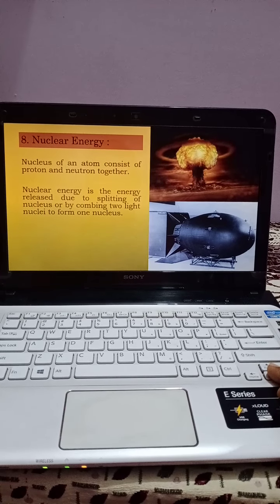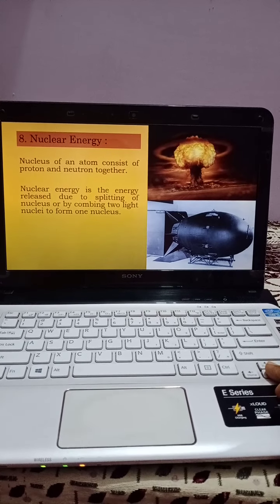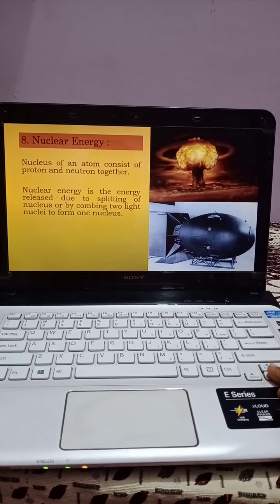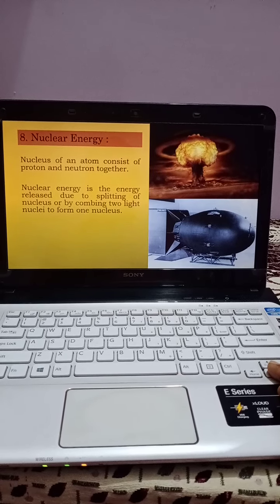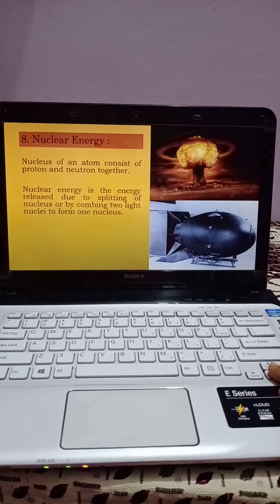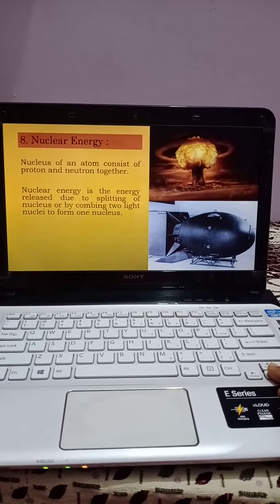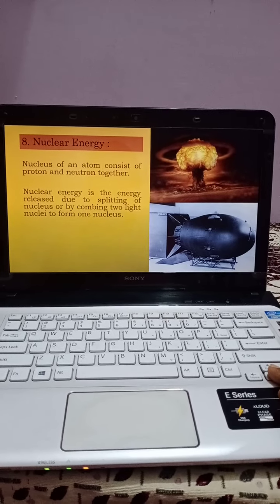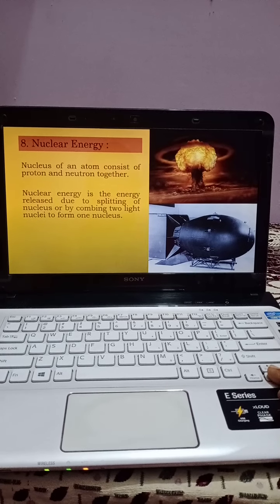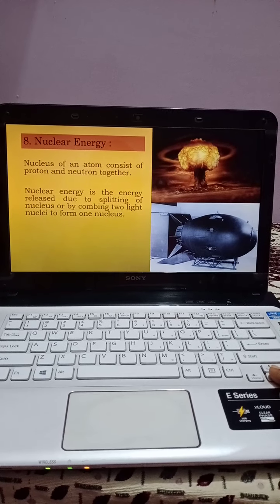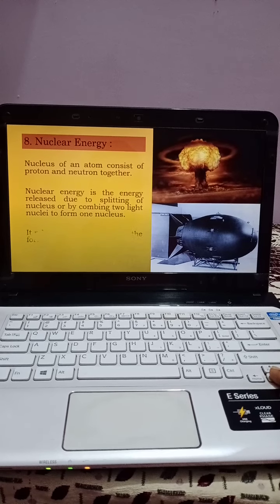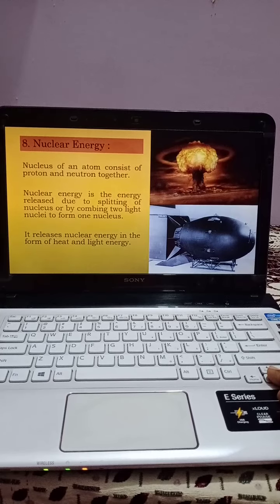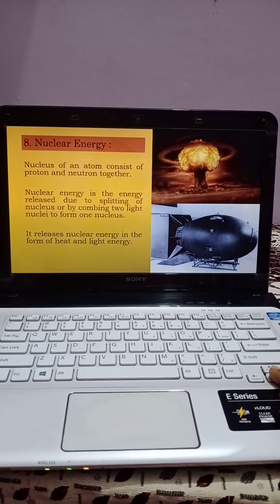As the nucleus consists of neutrons and protons together, if they combine to form one bigger nucleus, or if they split to form smaller nuclei, energy is released, and that energy is called nuclear energy. Nuclear energy is released in the form of heat and light.